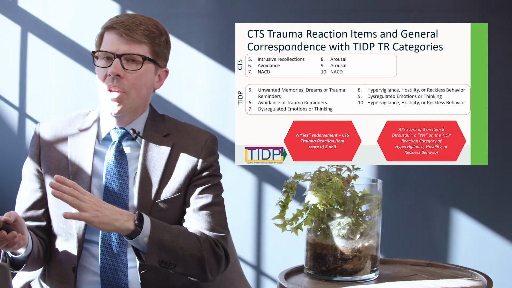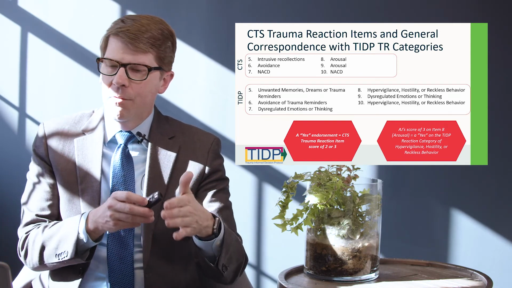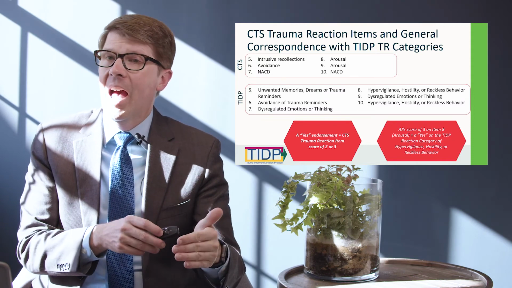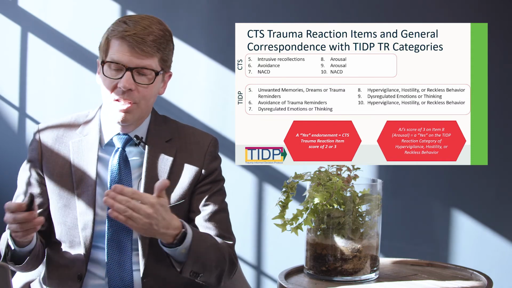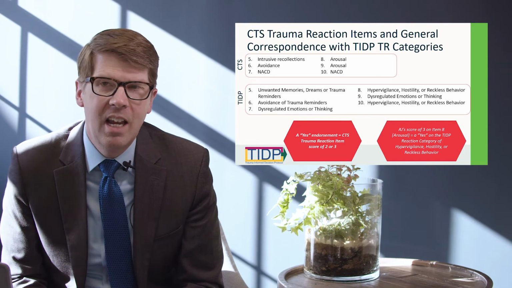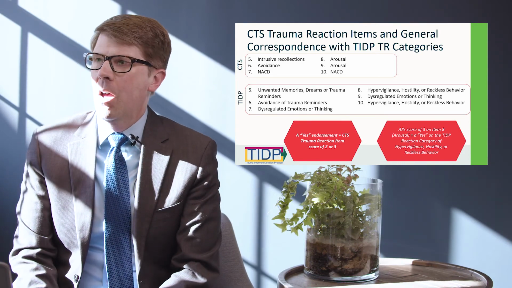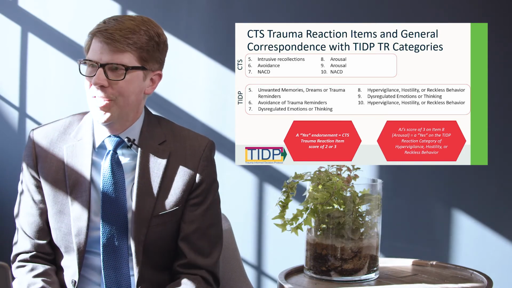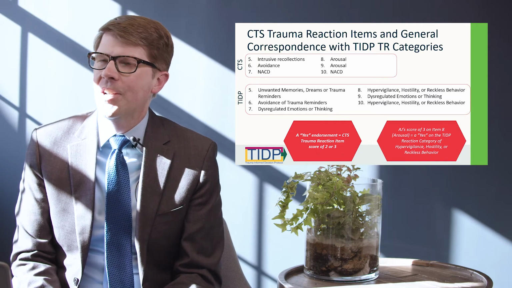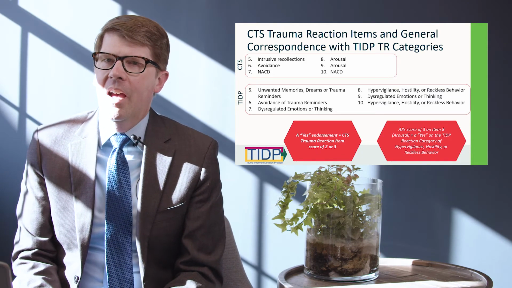So that is showing you how to translate the different types of categories of items on the trauma reactions onto the TIDP form itself. There's a lot of different labels that I just went through and described.